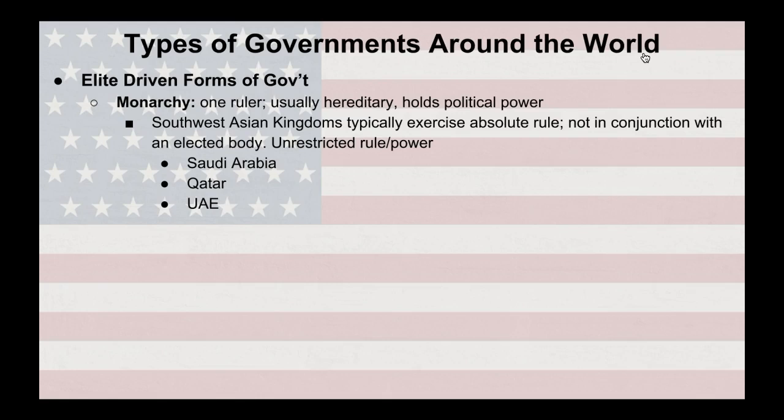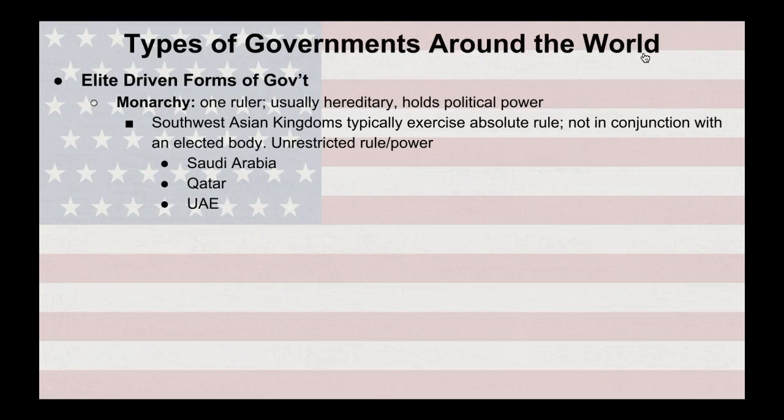In Saudi Arabia, the monarchy is the one ruler, and it is that crown prince, Mohammed bin Salman, I believe, MBS, who is in charge of the government, and there's really nobody that checks his power. So there are still some very absolute types of monarchies.